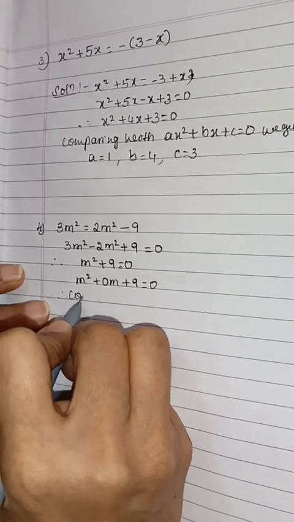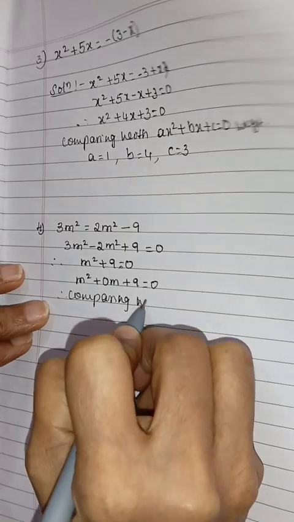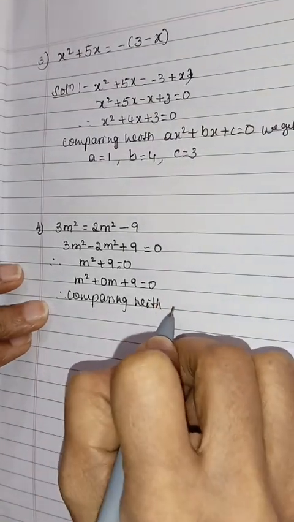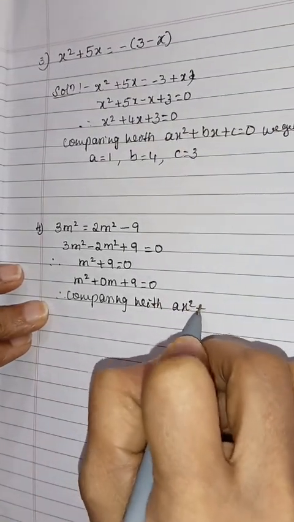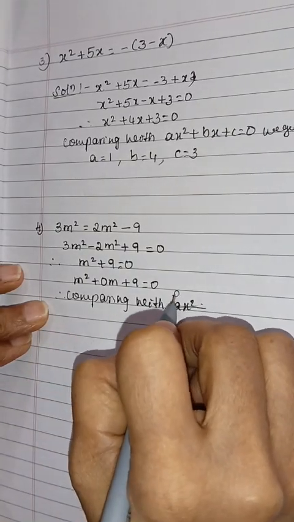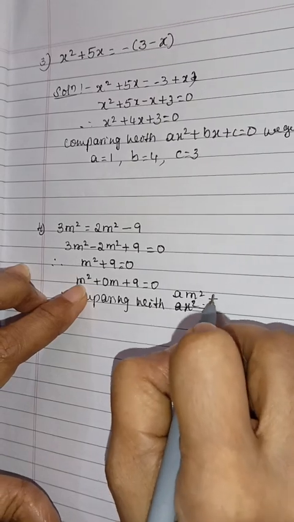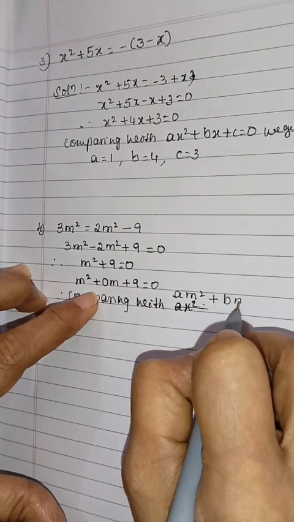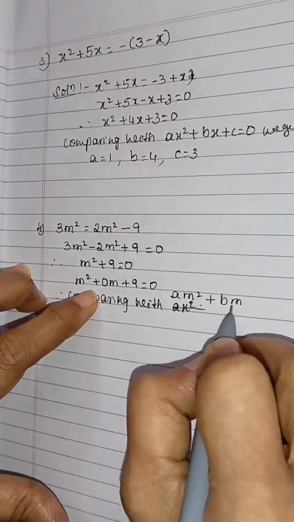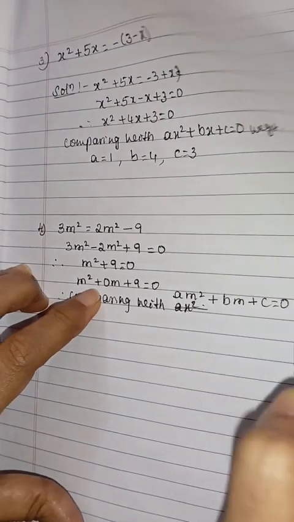Now comparing with a m square plus bm plus c equal to 0, variable is m.